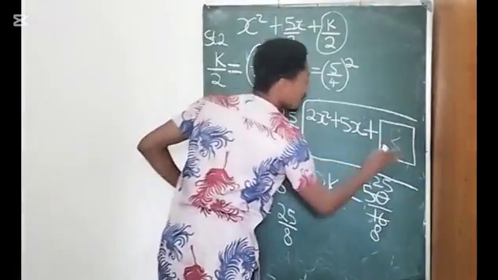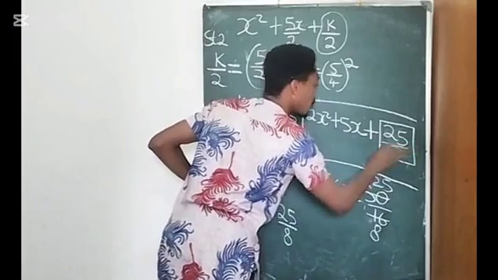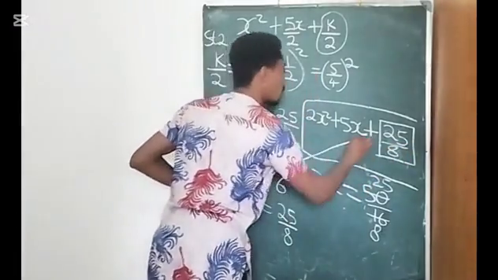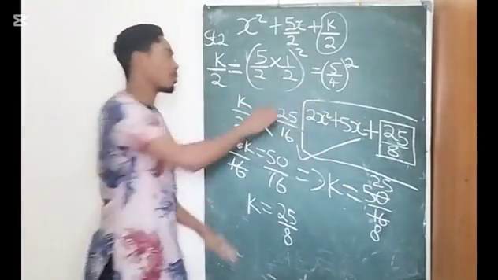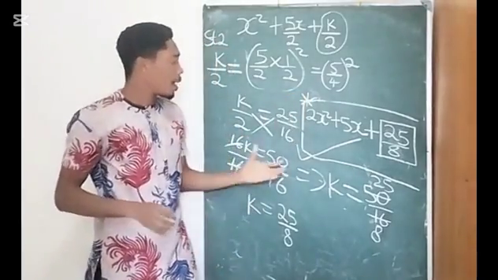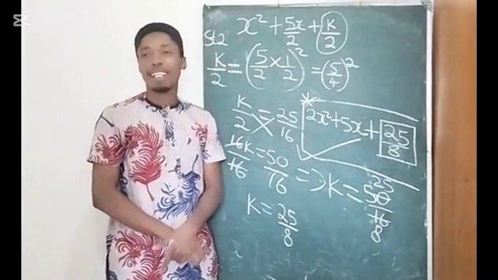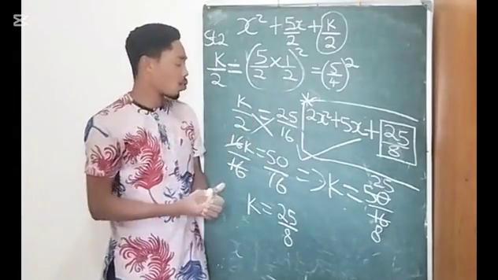So the value of k is 25 all over 8. So we've been able to tackle this by completing the square, the method of completing the square.